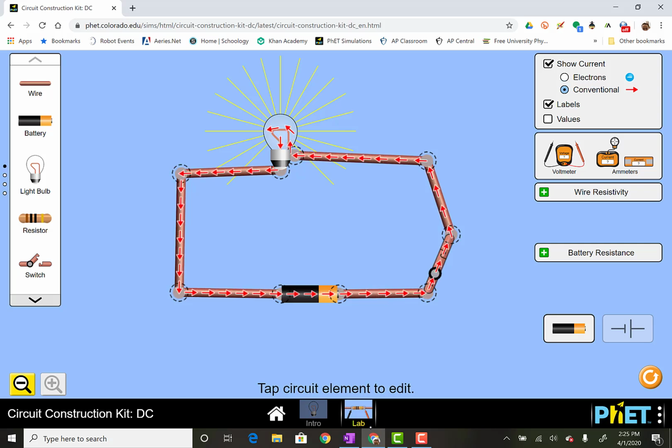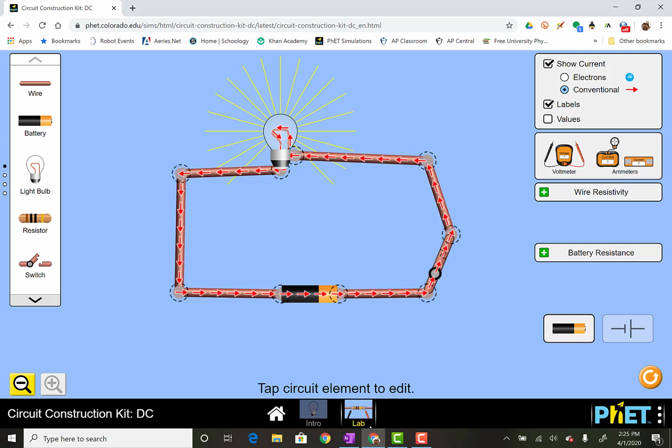Here's the deal. We end up using conventional current, which is essentially the imagined flow of positive charge. Really, it's the electrons that move inside of a wire, but you can thank Ben Franklin for this one. It turns out that conventional current is the imagined flow of positive charge.